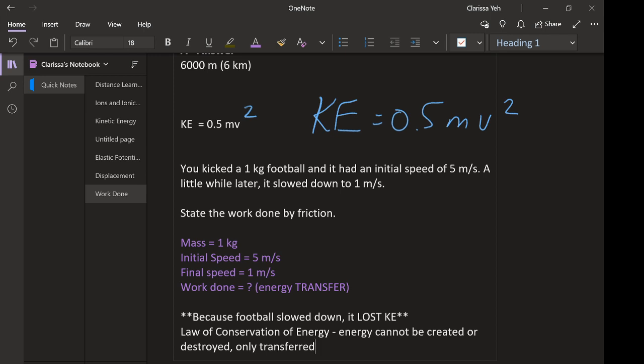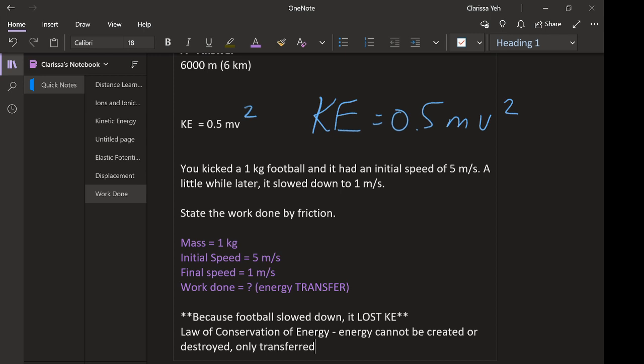That's not how energy works. Energy is conserved. It cannot be created or destroyed, only transferred. So that loss of kinetic energy of the football was a gain in energy elsewhere. So let's think about where that energy could have gone.